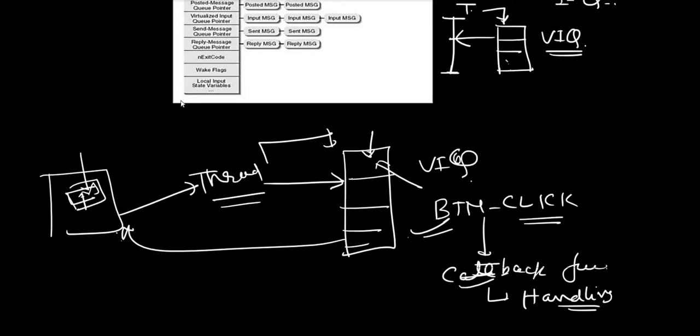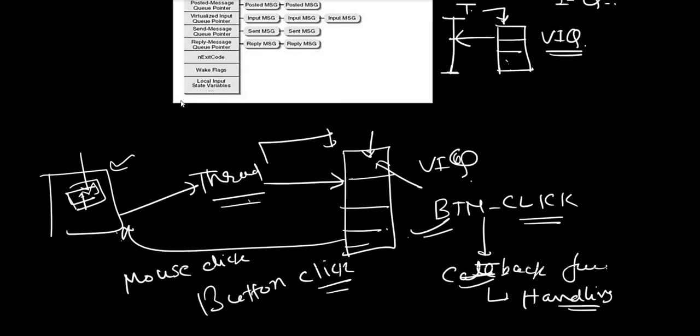That is why this virtualized queue is there: to help this thread get the messages sent by the user, like any mouse click or button click. So this is the difference between the simple thread and the Windows thread. A Windows thread contains the virtualized input queue.